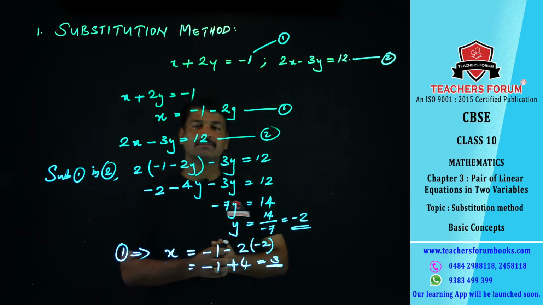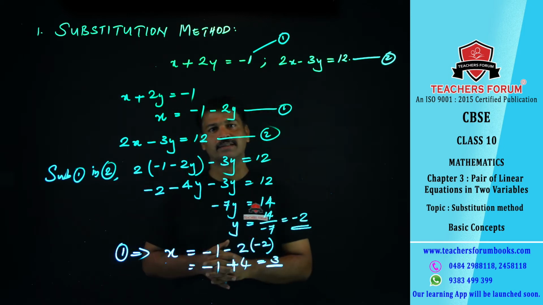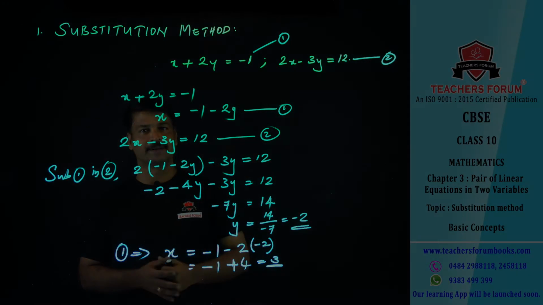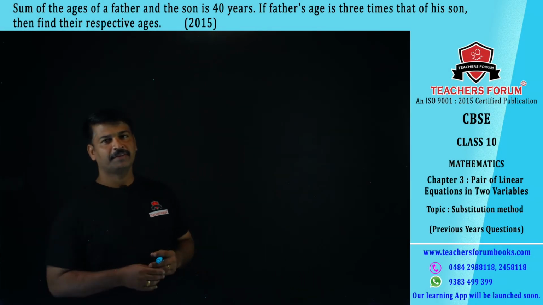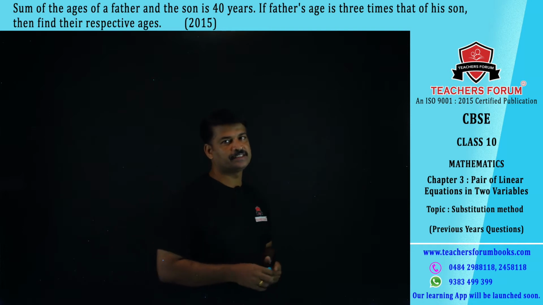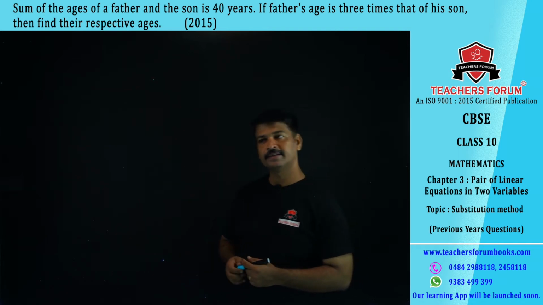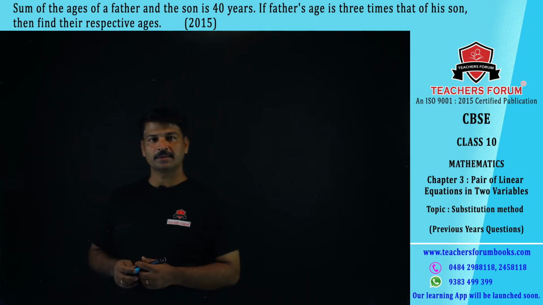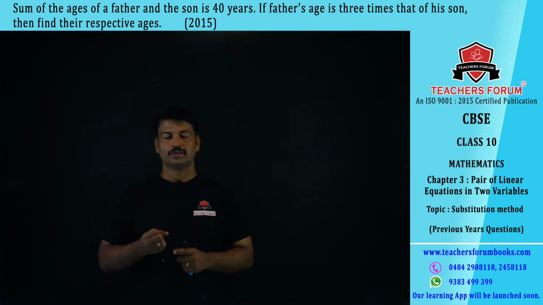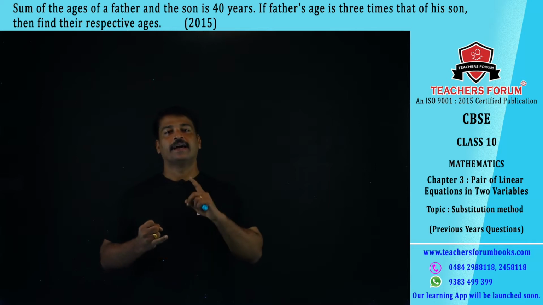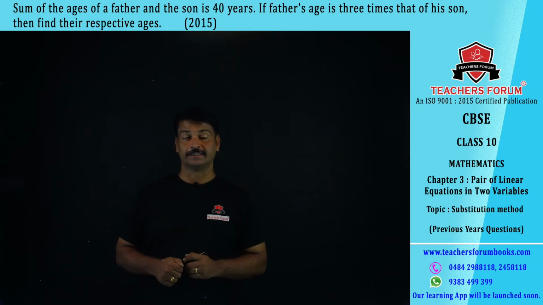Now let us move to some problems that have been asked in previous years from this topic. Here it is given that the sum of ages of father and son is 40 and the father's age is 3 times that of his son. So the sum of ages of father and son is 40 years.